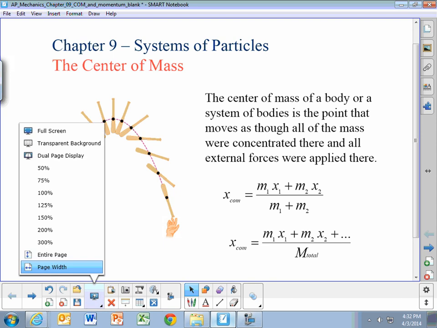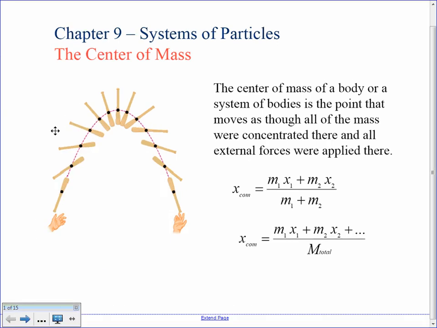If we learn how to deal with problems involving the center of mass, and you want to calculate the position of the center of mass, in this notation, x_COM, the COM stands for center of mass.